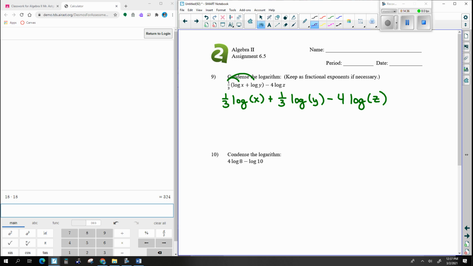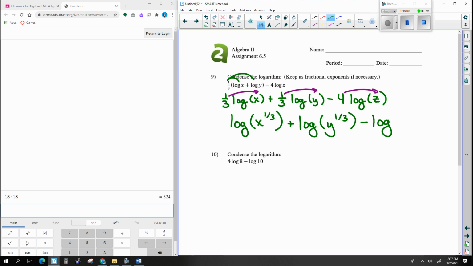Okay, so the first thing I do is I bring up these exponents. So that's going to be log x to the 1/3, log y to the 1/3, and log z to the 4th.